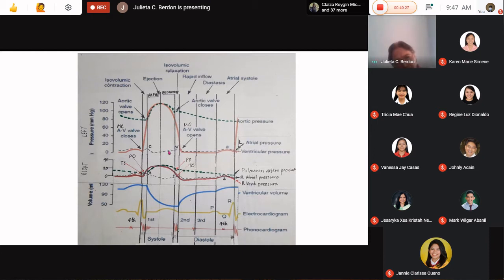Why is there a very slow increase in pressure? Remember, this was just due to the bulging, right? And so there is a very slight increase in the pressure in the left atrium, okay? Why? What's happening? Okay, all the time that the ventricle was contracting, what was happening in the atrium?